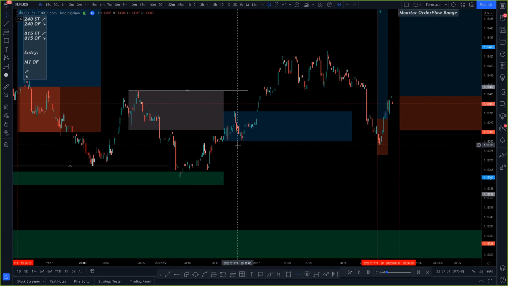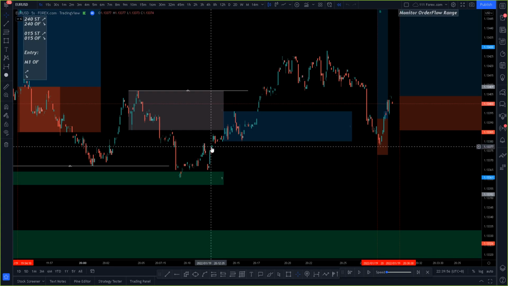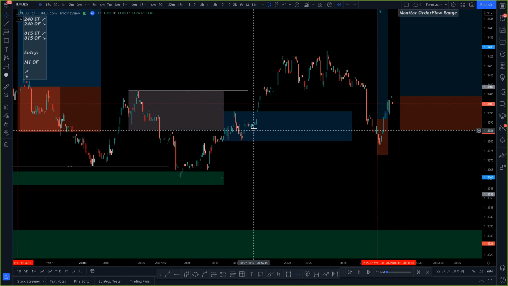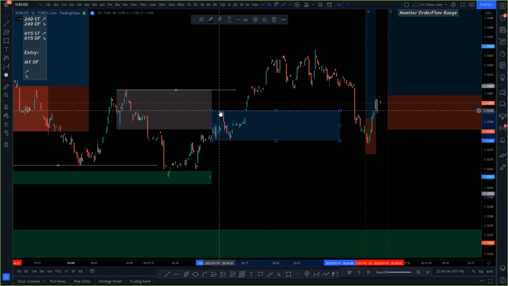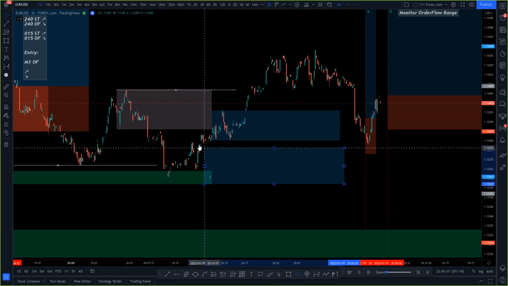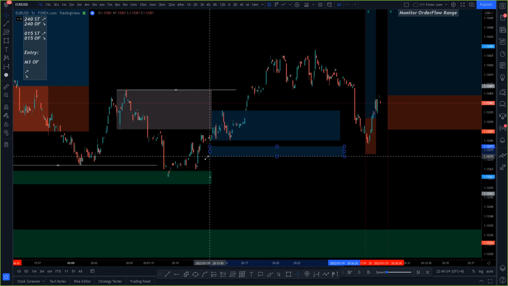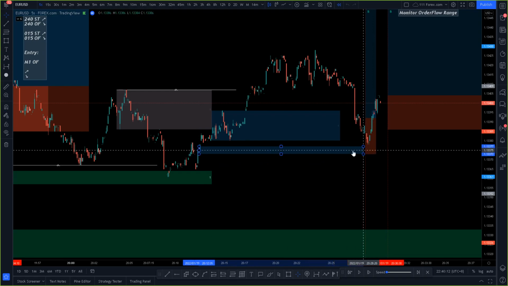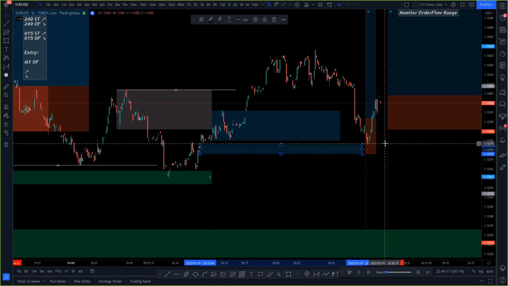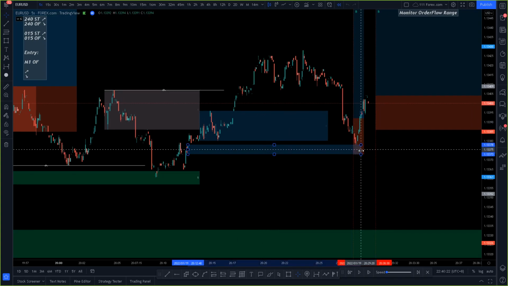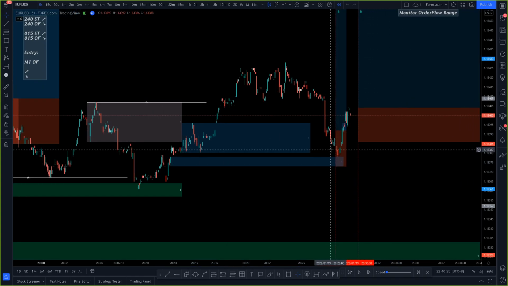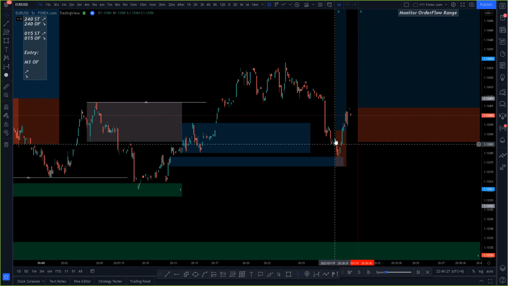So yep, the price essentially tapped into this area, the area that broke this one, not this one. So it was like here. See, it was like here. Okay, here maybe the imbalance. Sell to buy imbalance that broke the structure. So price just tapped in and went.